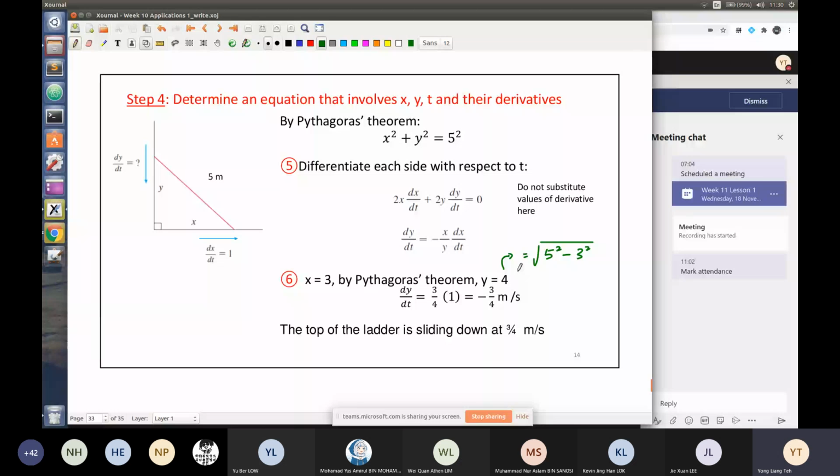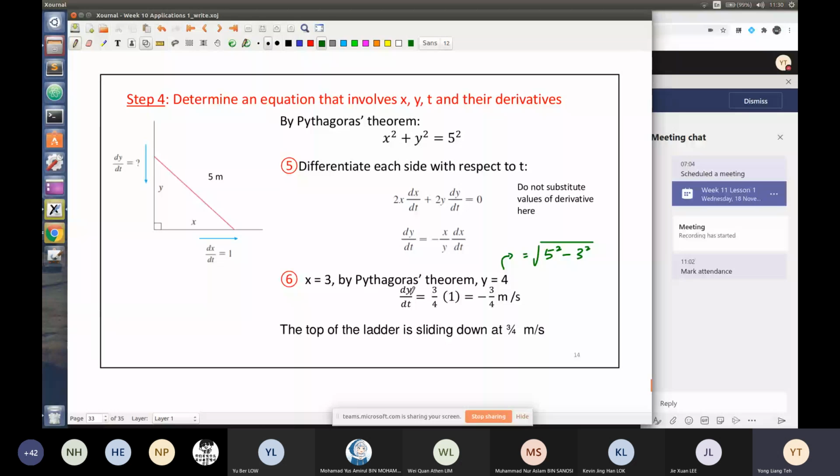Okay, and not only can you deduce or intuitively understand the polarity, you can also compare the magnitudes between dy/dt and dx/dt as well.